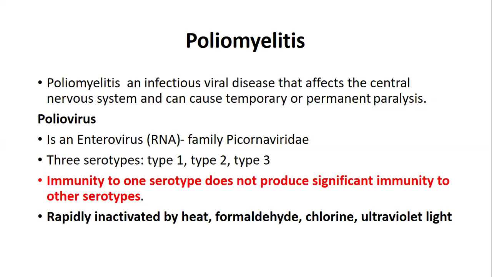Picornaviridae. That is the family to which it belongs, and there are three serotypes of this disease, type 1, 2, and 3. Therefore, immunity to one serotype does not guarantee immunity to other serotypes, meaning if you are immune to type 1, it does not guarantee that you are also immune to type 2 and 3.